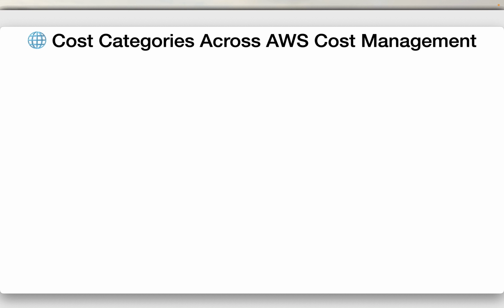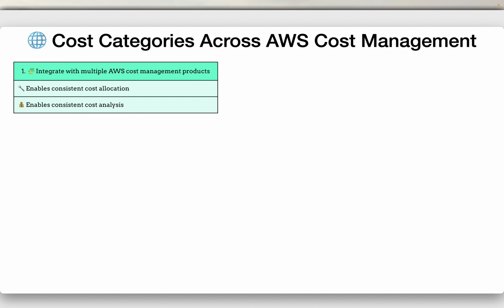Cost categories across AWS cost management. Cost categories can be used across various products in the AWS billing and cost management console. So it applies to all the services and the products.